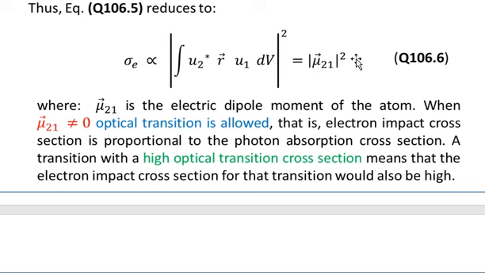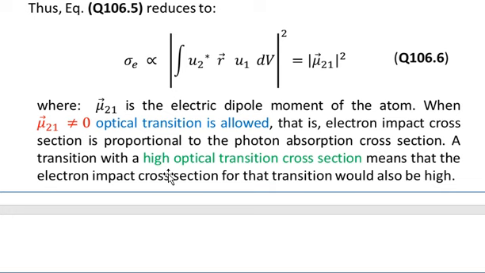So the absolute square of mu 2 1 represents the photon absorption cross section, and on the left hand side we have the electron impact cross section.